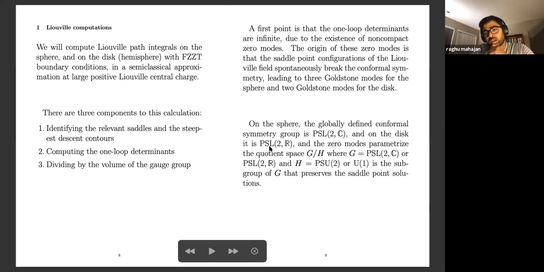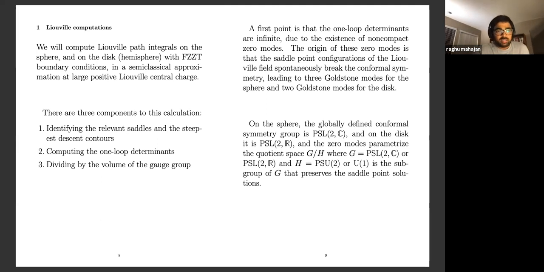On the disk, out of PSL2R, a U1 will be preserved. That's just the rotation about the center of the disk. To deal with things like the conformal anomaly, for the disk we will use the reference metric of the hemisphere. We will not work with the flat disk, but with half of the sphere with the boundary at the equator.